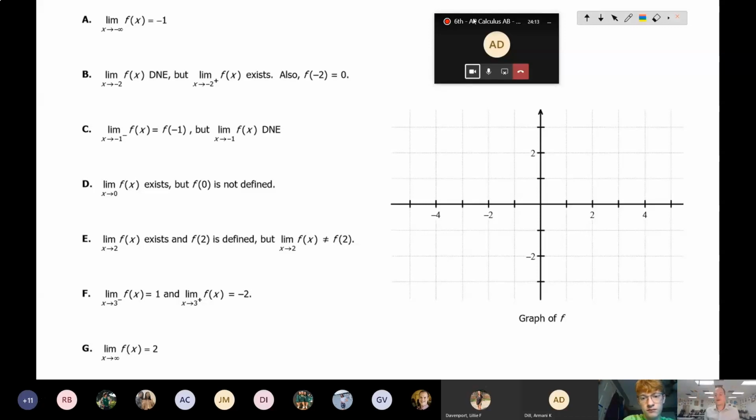But go ahead and see if you can draw a graph that matches what is described. And this is the last thing we'll do today.